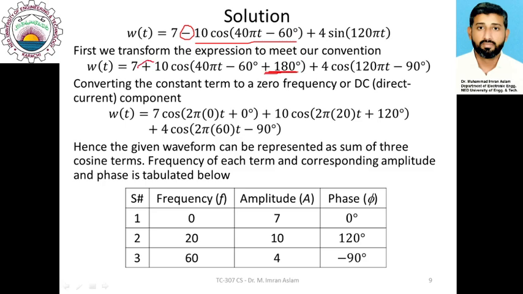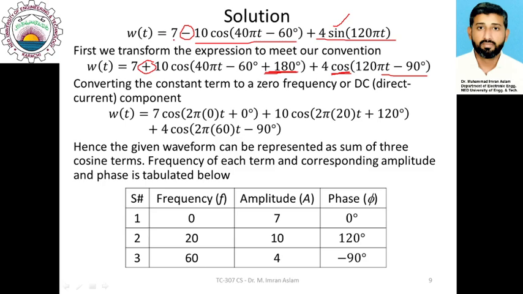So this sign becomes a positive sign here, and we have added a phase difference of 180 degree. For the third term, you would see that this is a sine term, and by convention we always calculate our phase angles with respect to cosine terms. So we need to transform this sine term into a cosine term. If we transform it to cosine, we would have a phase difference of 90 degree. So I have transformed this term into cosine.